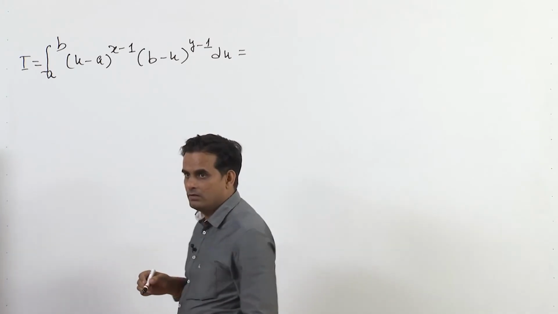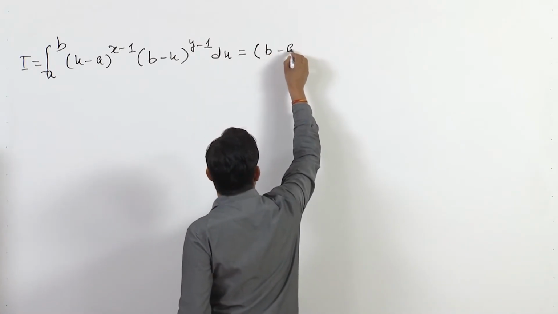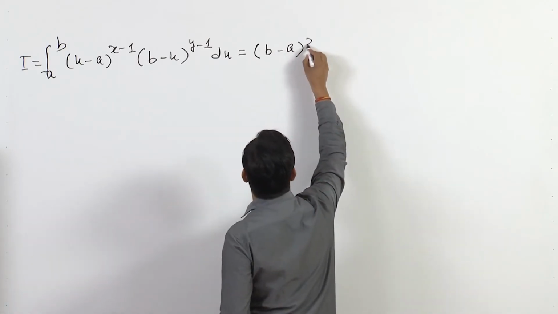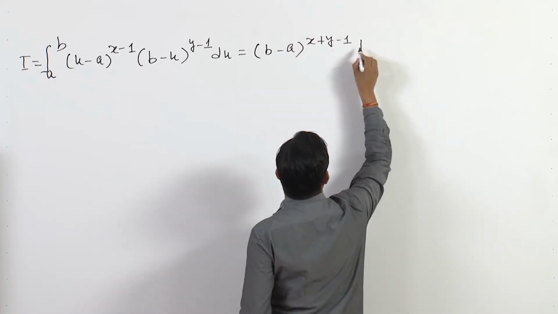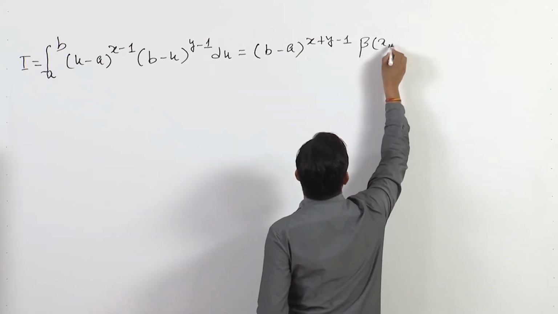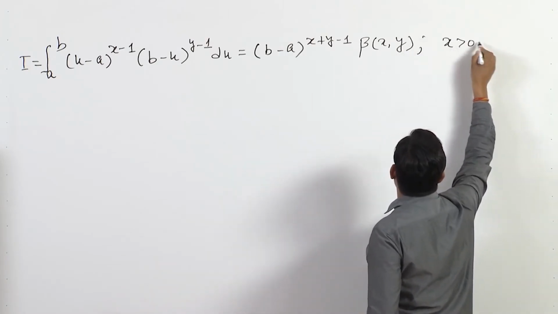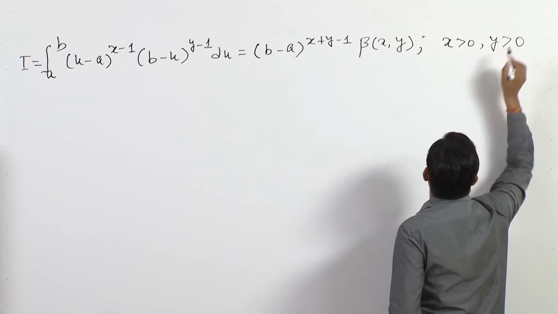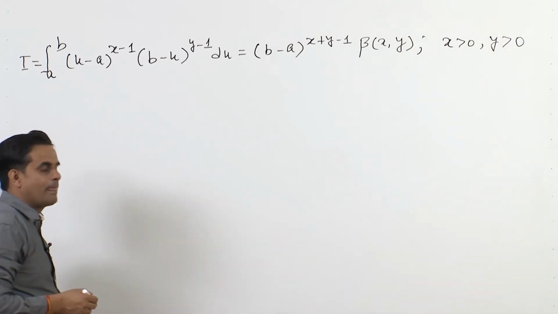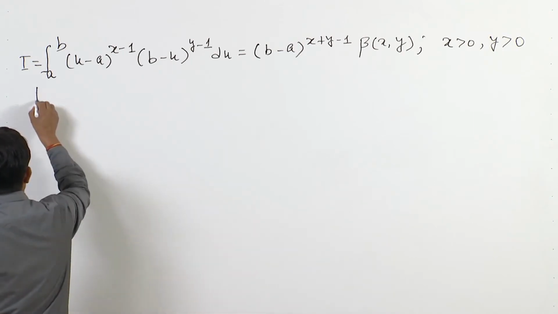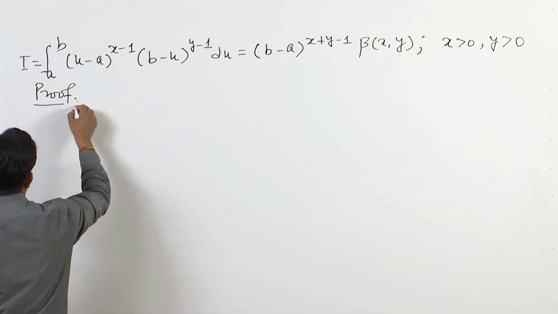This equals (b minus a) raised to power x plus y minus 1 into beta x y, where x and y are positive. So let us try to prove it. The proof is something like that.